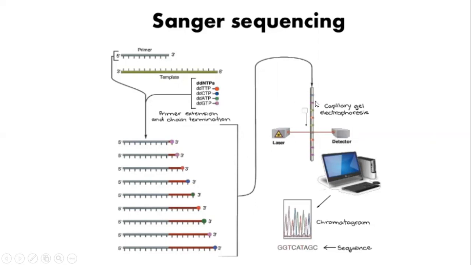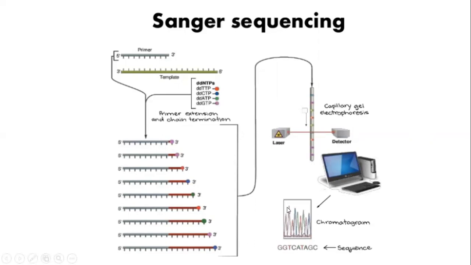So here, with the help of automation, you can combine the Sanger sequencing method and capillary gel electrophoresis method, so that you will be able to read the sequence automatically with the help of a computer system.